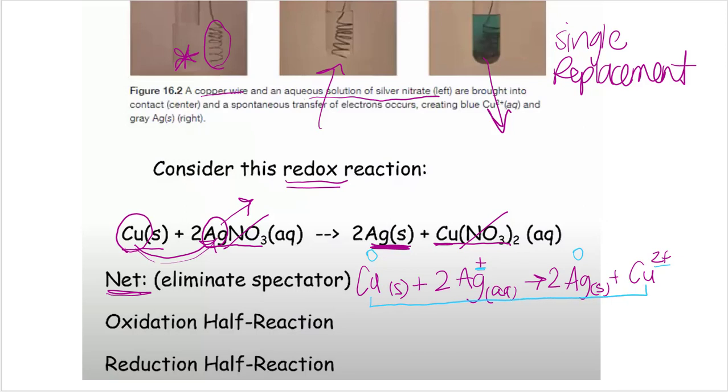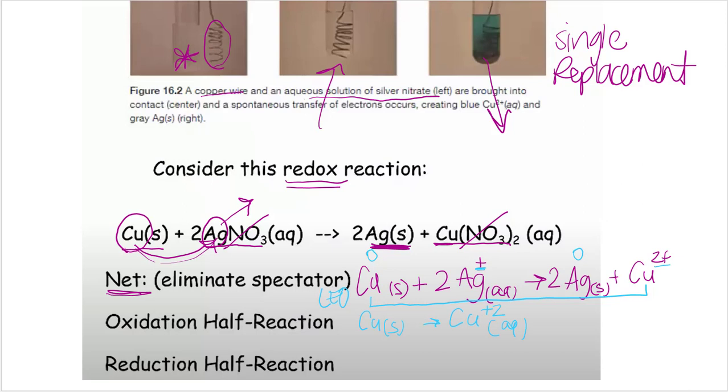That is our LEO, Leo the lion, losing electrons. We went from 0 to a positive charge, so we lost electrons. That's oxidized. So I could write that as our Cu to Cu2+.